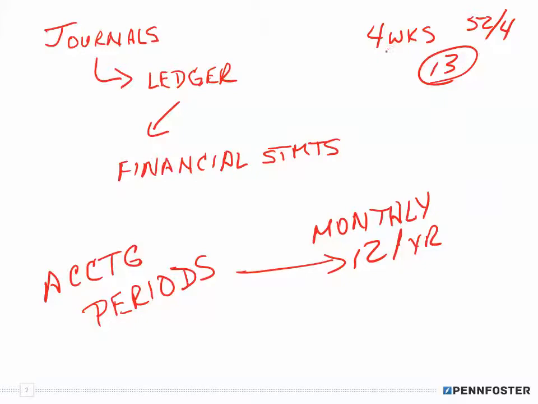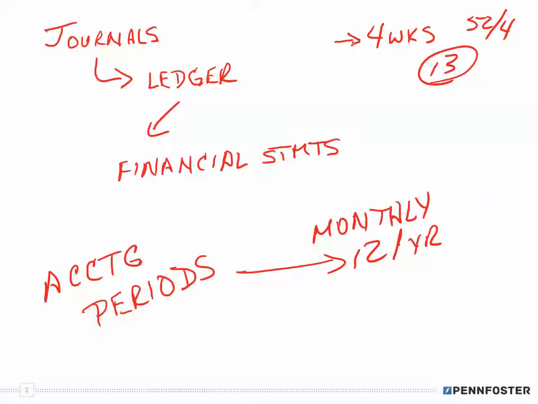Well, February has 28 days, different months have 30, different months have 31. Depending upon the business, that makes a difference. It smooths out the information. A month that has 31 days versus 28, there's a variance there that can be reflected in the numbers. So some businesses use every 4 weeks.